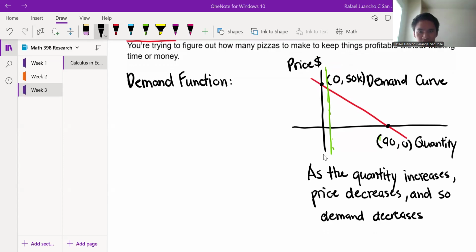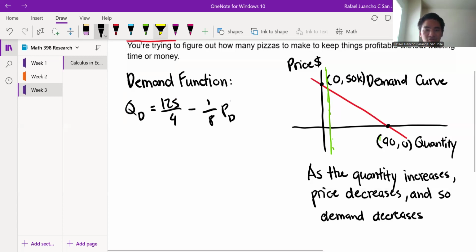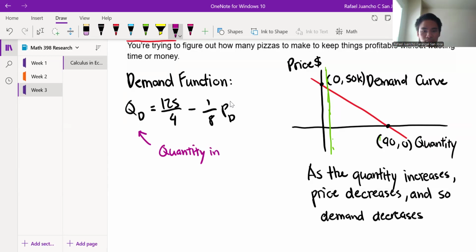And here we have this model, right? So the model is as follows. We have Q sub D equals 125 over 4 subtracted by 1/8 P sub D, where Q sub D is the quantity demanded, right?